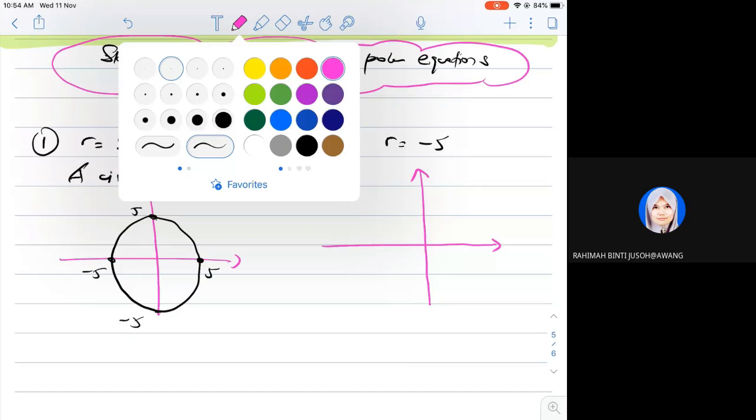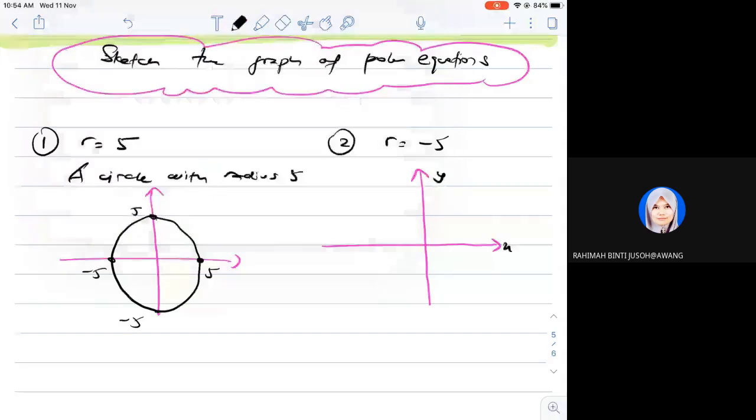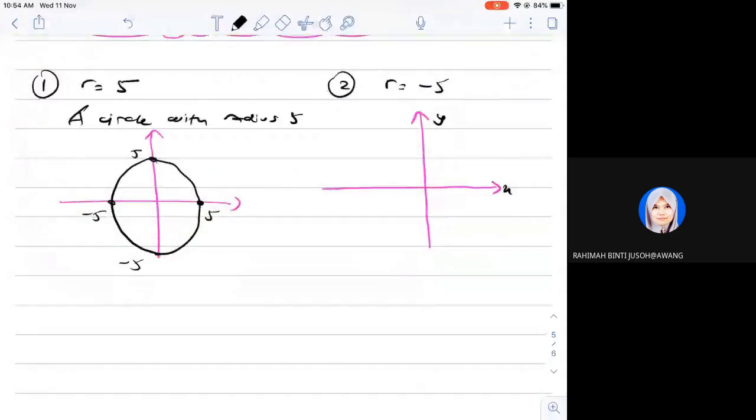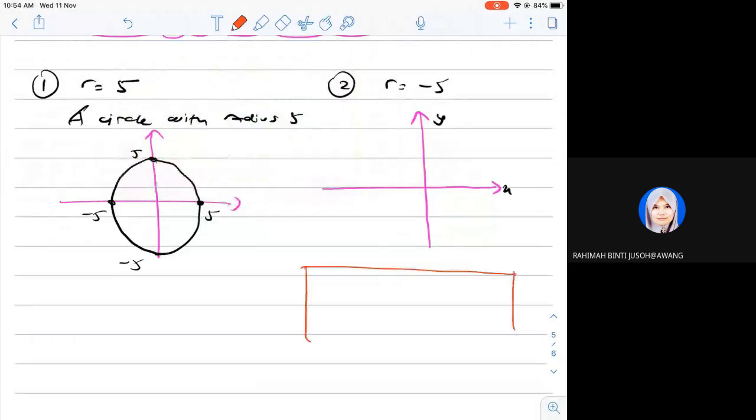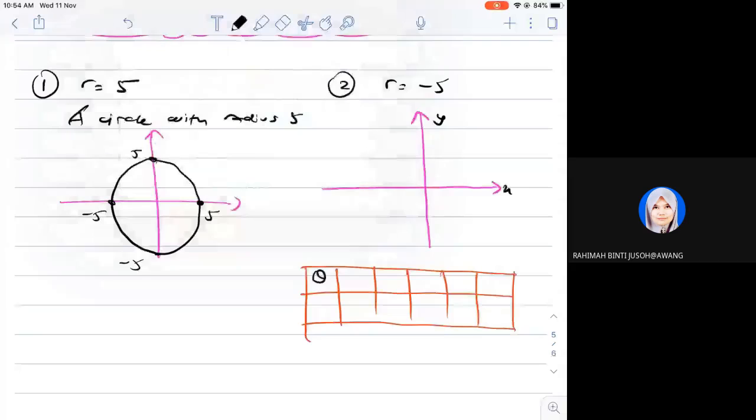The same. Okay, why the same? I will explain to you so that you can understand this, because a student asked me why the negative is the same. Let me explain. Let's say this is your angle and this is your r.